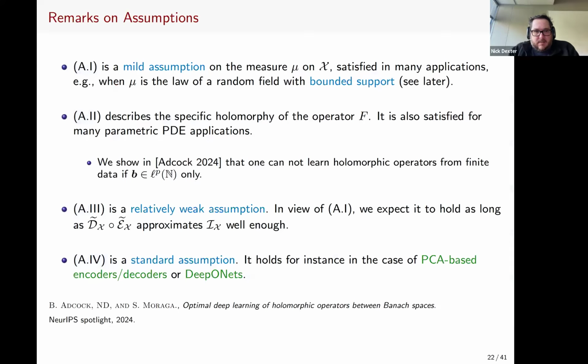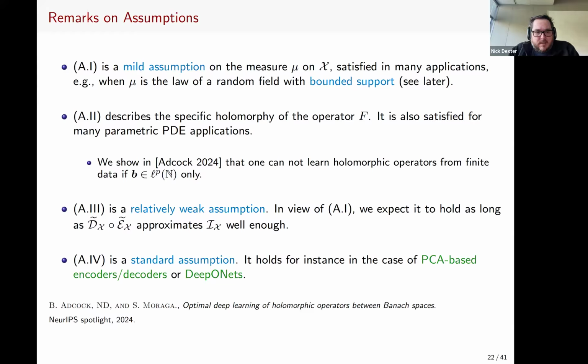Like I said, these are kind of standard assumptions. The first one is a mild assumption on the measure mu, satisfied in many applications where mu is the law of a random field with bounded support. The second one describes the specific holomorphy of the operator F. It's also satisfied for many parametric PDE problems. We show in another paper from 2024 that one can't learn these holomorphic operators from finite data if b is in ℓp only.